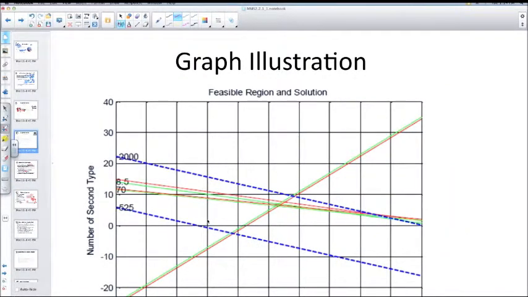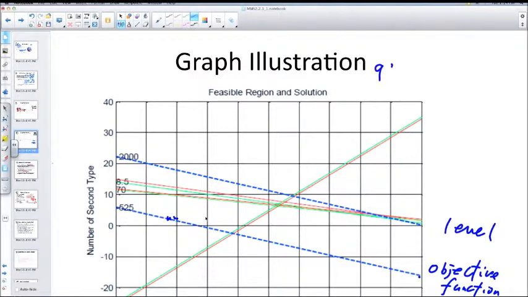And also another visual way for you to visualize the solution is moving this line, the blue line, which is really the objective function, at different levels. And you remember the coefficient is 990 x1 and 900 x2.